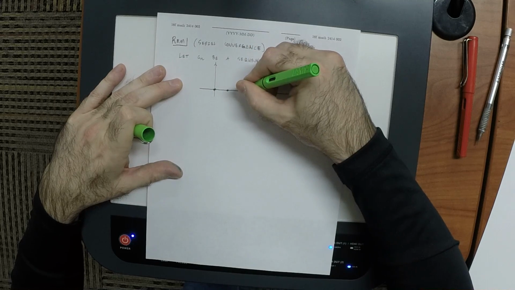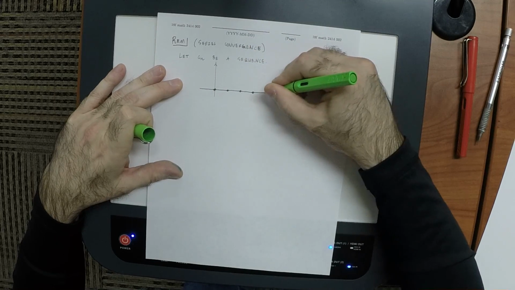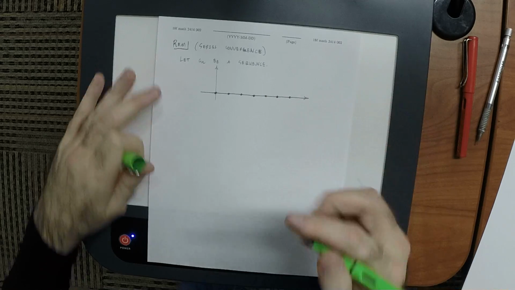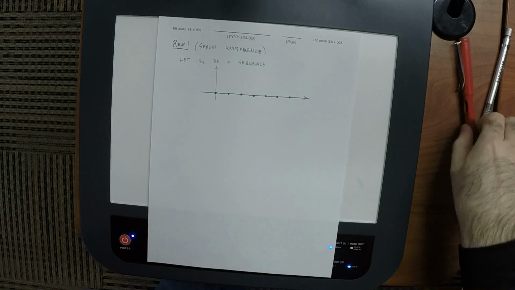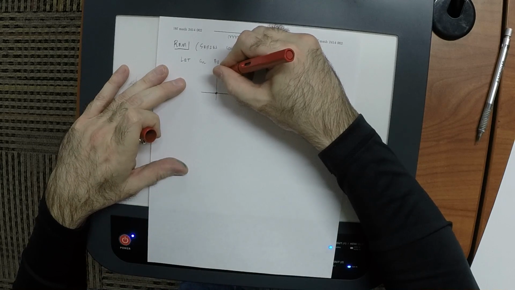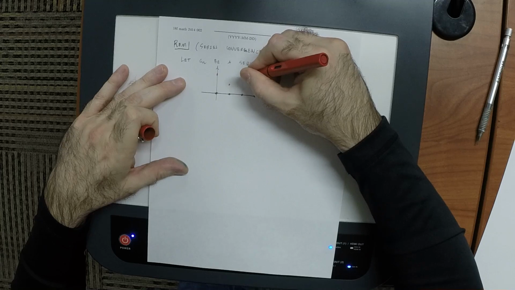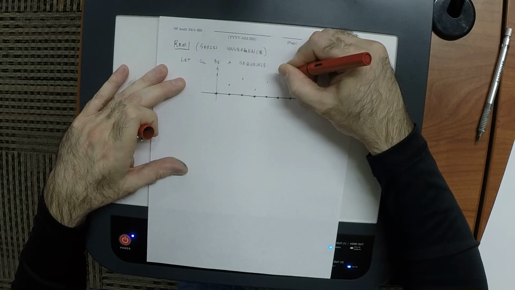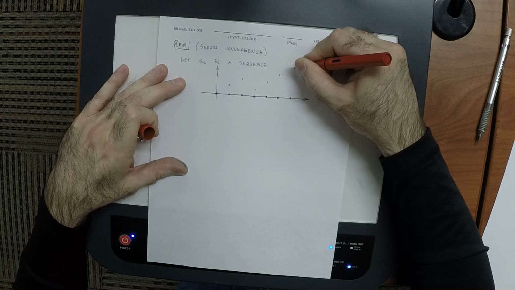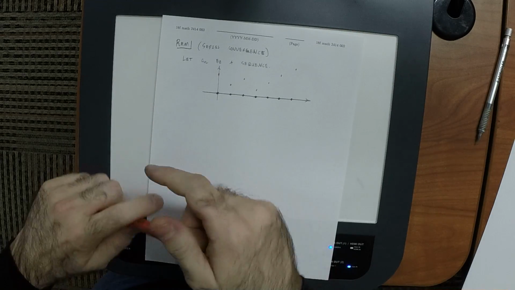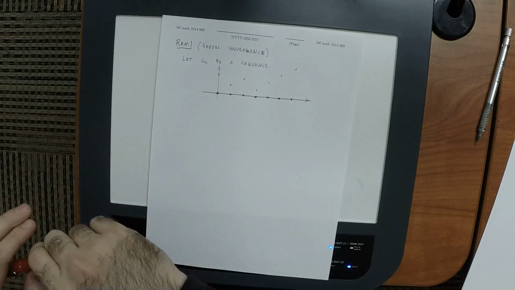So these are the inputs. And then for each one of those inputs, we have some output, like this. So a sequence is just these red dots here. And it goes on forever. Of course, I can't draw infinitely many red dots.